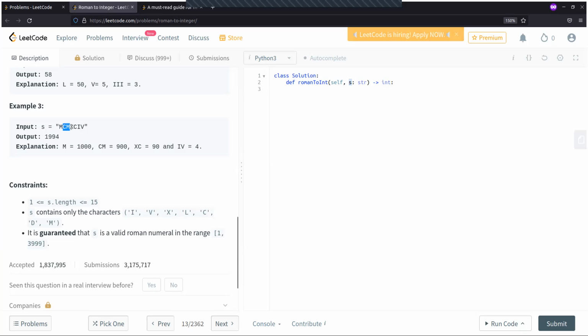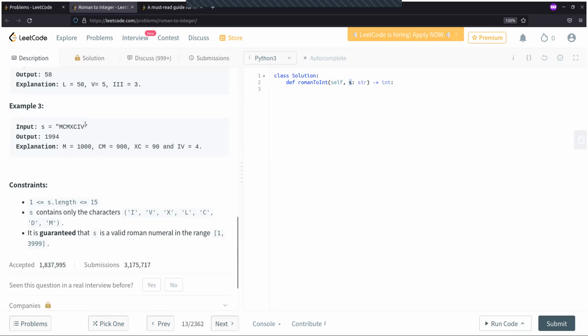Then XC. X is equal to 10 and C is equal to 100. Again a higher value at a higher index. So what we will do, we will subtract 10 from 100. So this will become 90. Then again IV. V has a higher index and a higher value, and I has a lower index and a lower value.